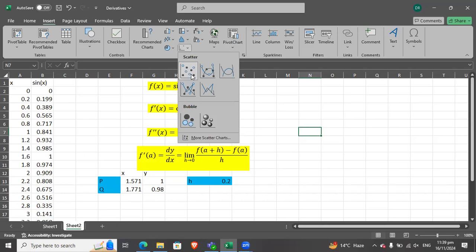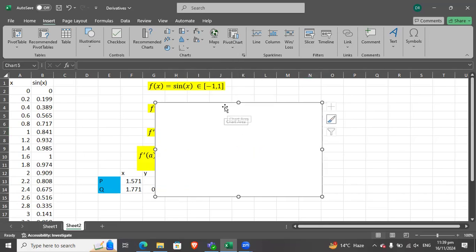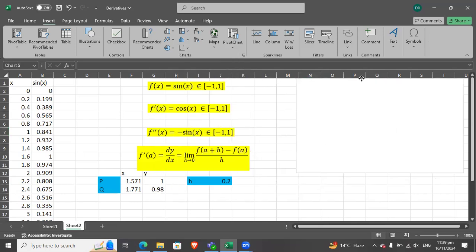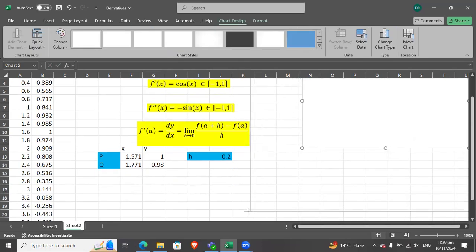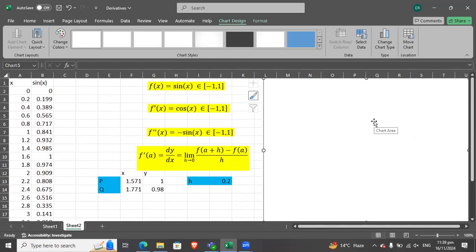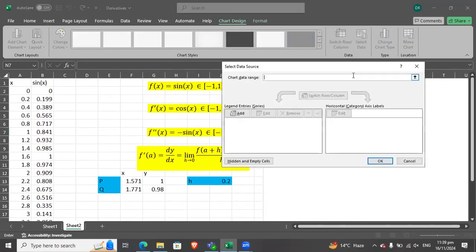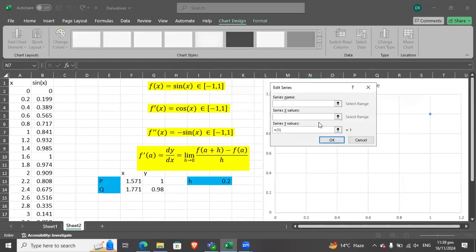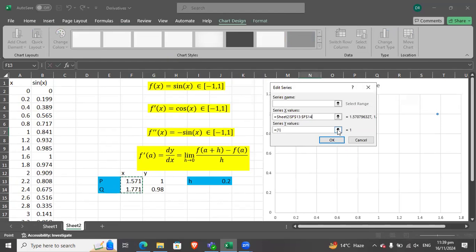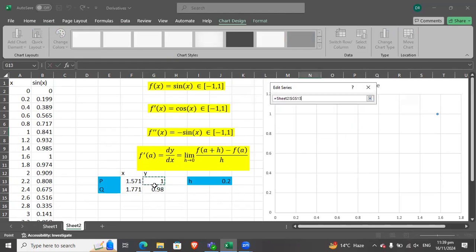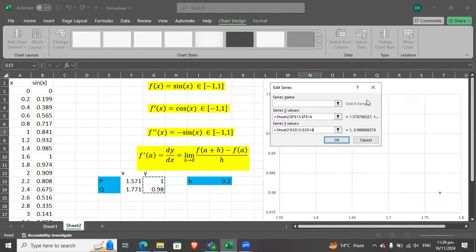Chart types, select the chart types. Select data and add a series. So x values, P and Q, and y values for P and Q.